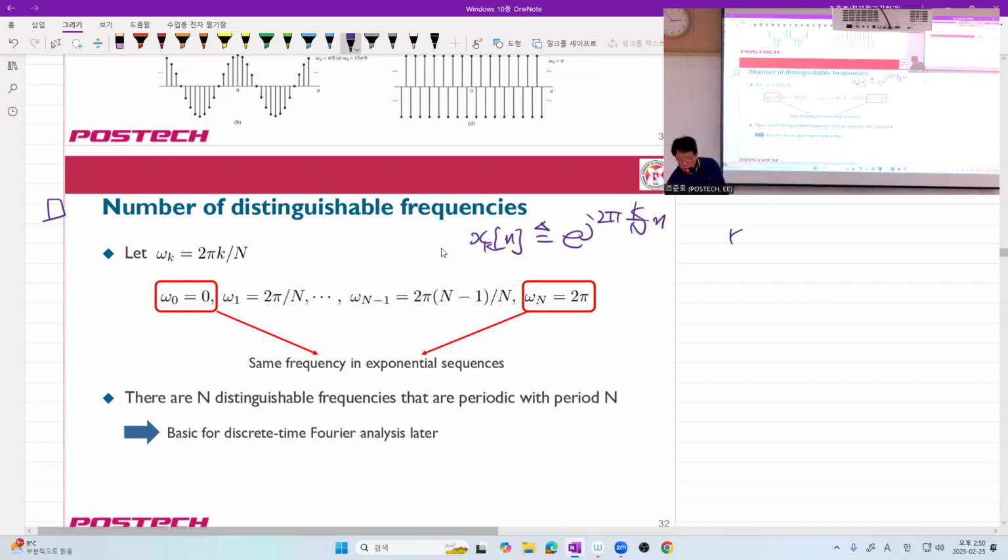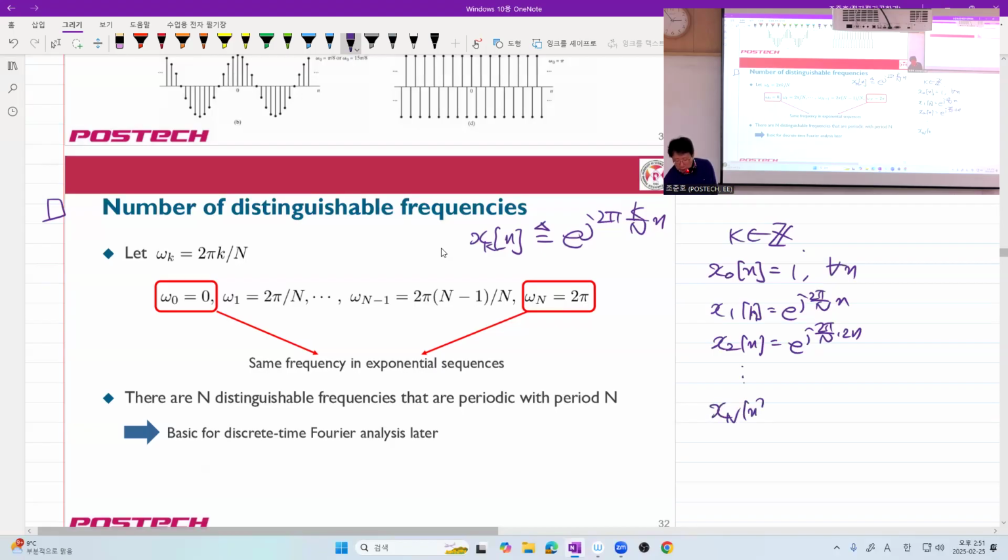Okay, so k is an integer. So x0 of n is a discrete time signal which is all 1, right? What is x1? Something like this. What is x2? Something like this. What is xn? And here goes something interesting.